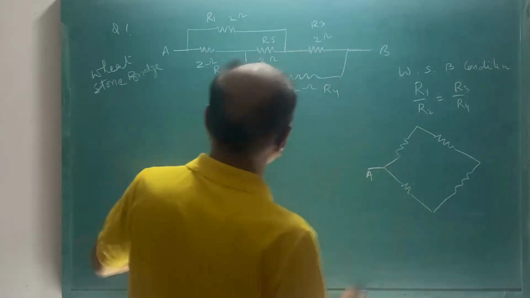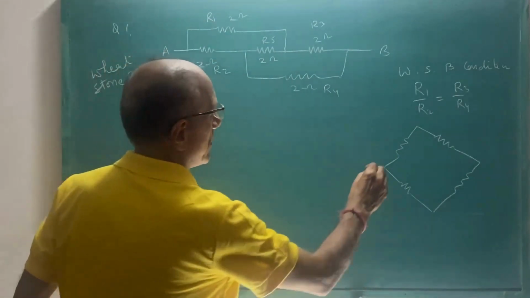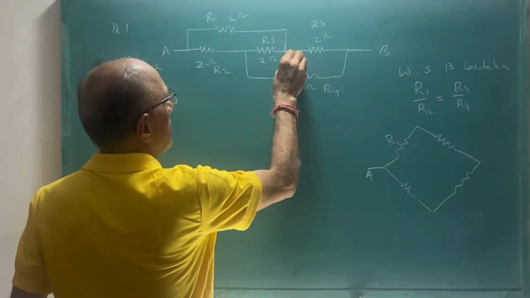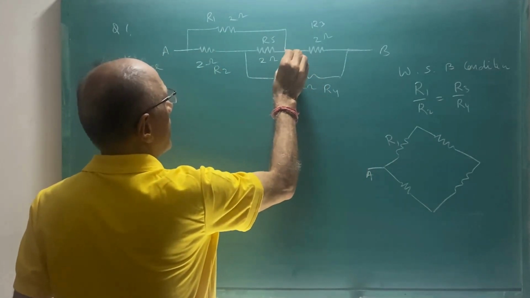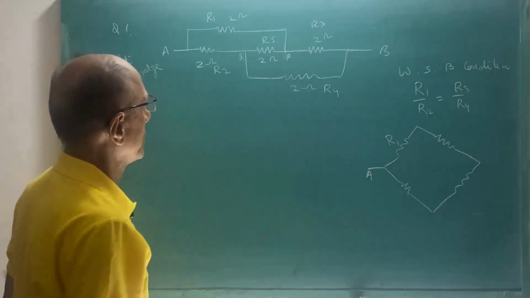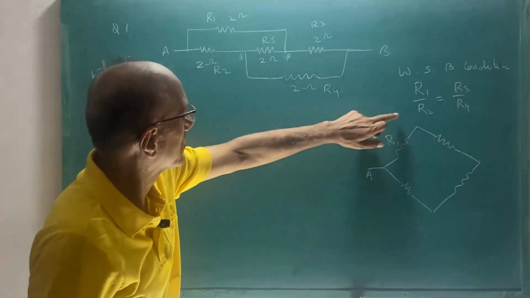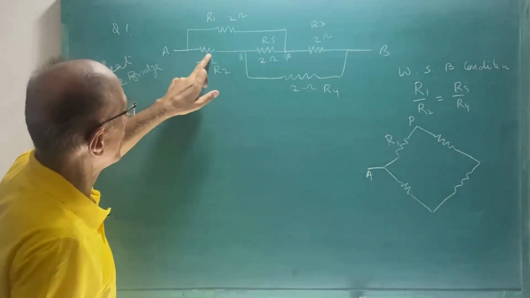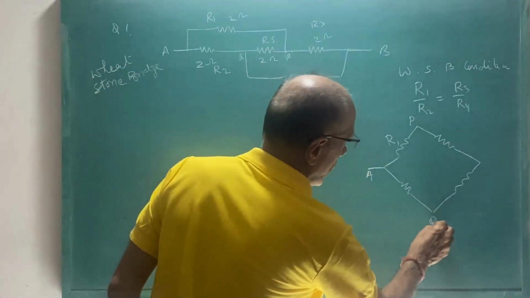See, this is A, this is R1, and let us call this P point, and this is Q point. So this R1 is connected to P point, and this R2 is connected to Q point.